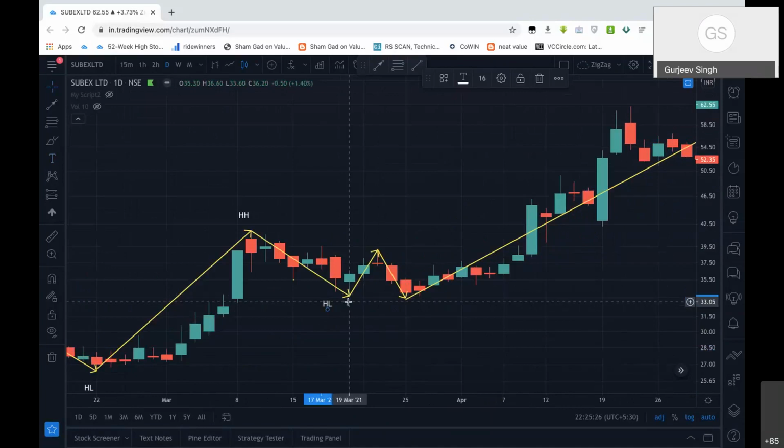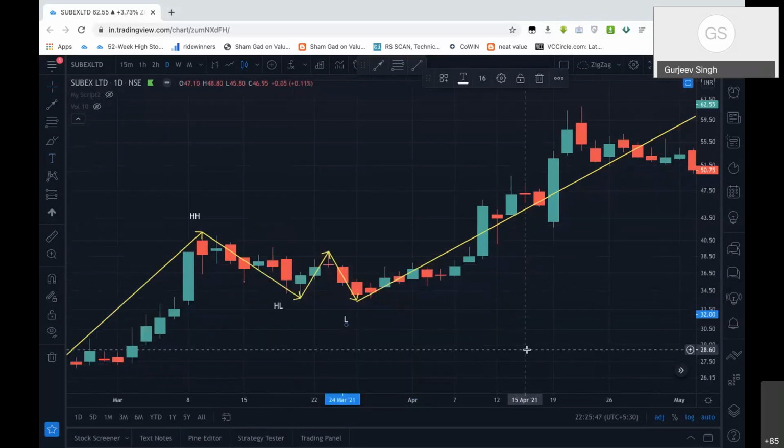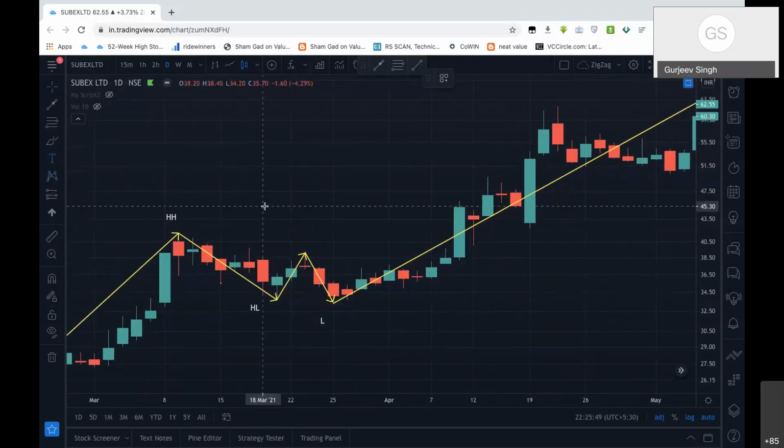The low of this is 33.6 and the low of this is 33.3. नीरज जी, ये लोअर लो नहीं है, मैंने अभी समझाया, आप ध्यान नहीं देते सर. This is just a low because the closing of this candle is not below the low of this. ठीक है, this is lower high.